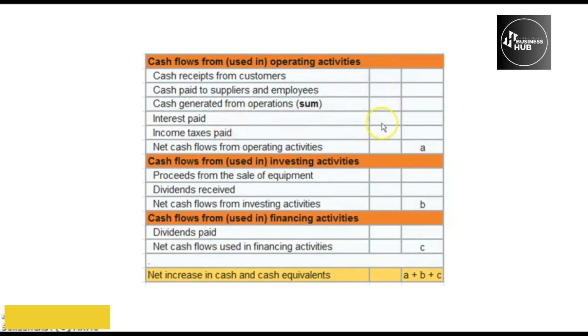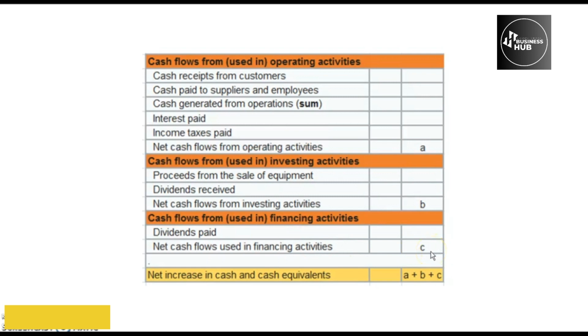Interest paid, income taxes paid, the sum of all this comes as operating activities, whereas investing activities is nothing but sales of equipment and dividend received, and cash flow from financing activities is nothing but the dividend paid.